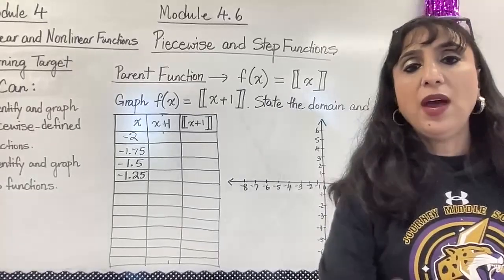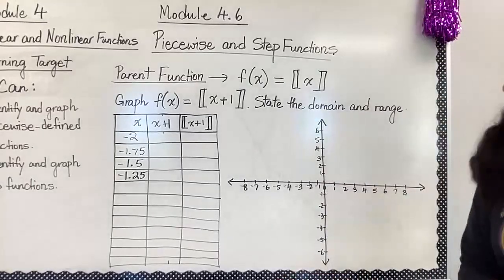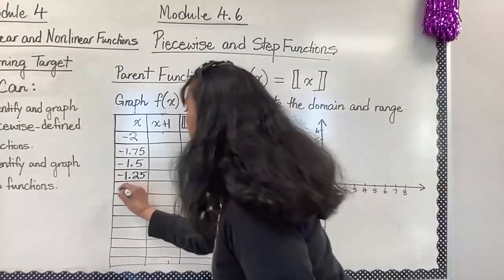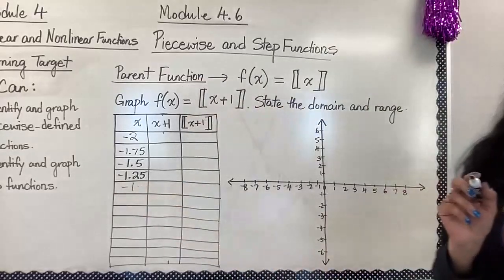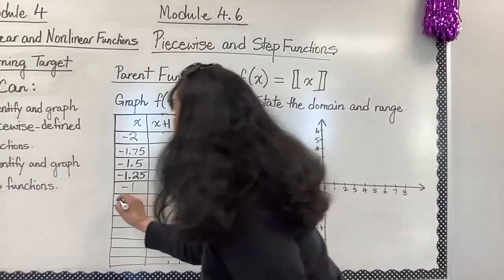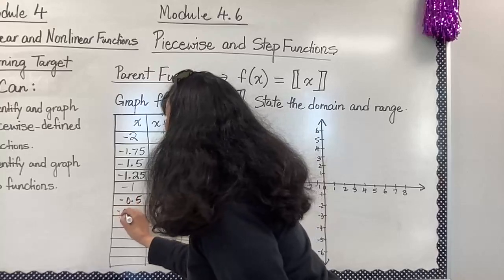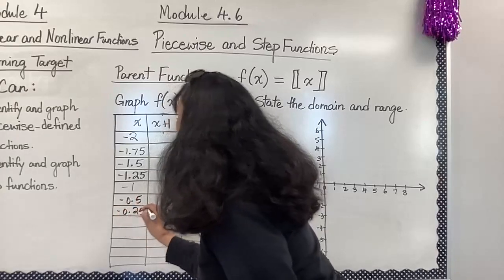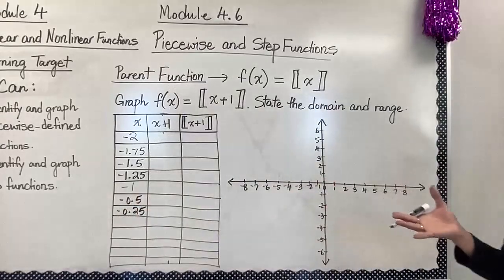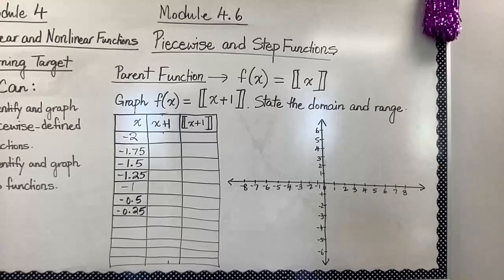And then let me go ahead and give values such as, we're going to have -1, and then we have our -5/10. We can have -2500. So I'm giving some decimal values also. And then let me also select some which are positive.